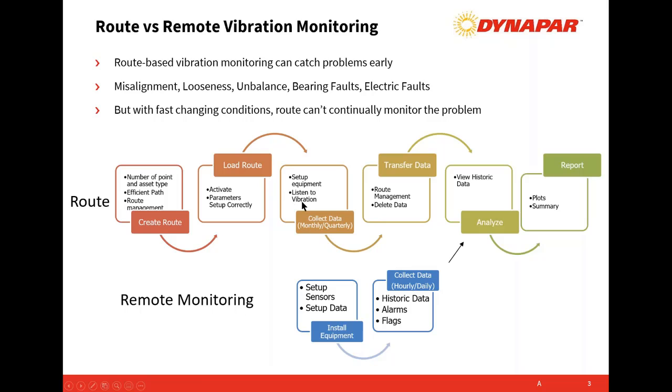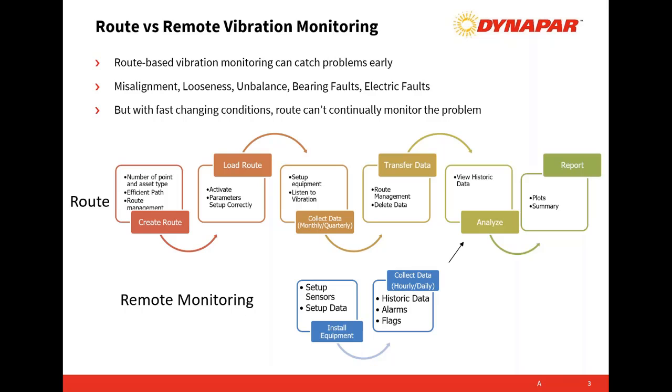They do initial equipment setup, take data, transfer the data, do a historic view, and then do data analysis and reporting. From that, they're going to identify equipment at different levels of quality and in their total asset life.